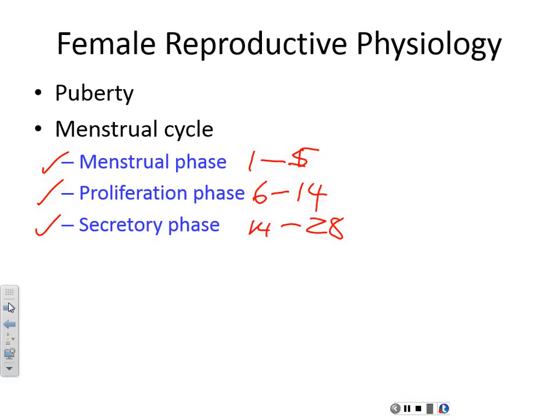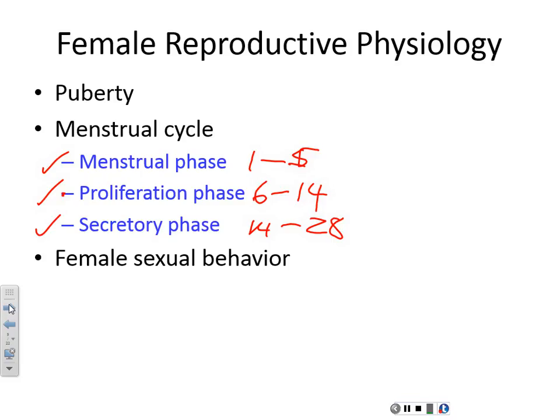The secretory phase, where you've got the spiral glands that produce that glycogen lipid solution that nourishes our embryo because it hasn't implanted yet, in the first few days of development. Okay, so gotta know all the events happening in each of the stages. Okay, especially this one, because there's a lot of things happening here.